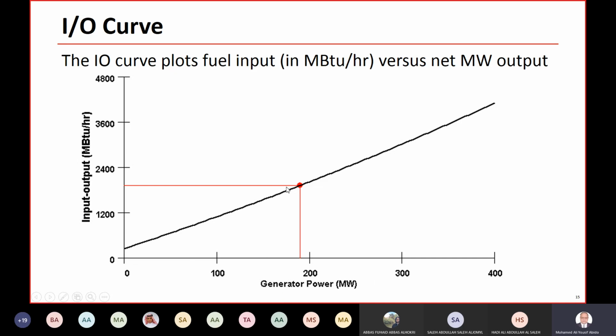So here, for example, to generate 200 megawatt, you need this amount of energy, to burn the fuel in order to have such amount of output power that we need. Of course this curve is linear, but this is not always the case.